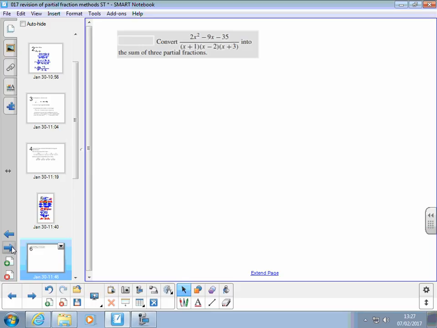So, second example, I want you to start having a go at: convert that fraction into the sum of 3 partial fractions.